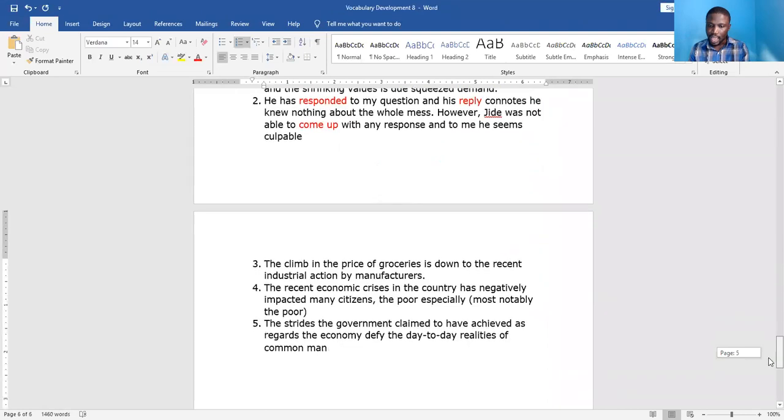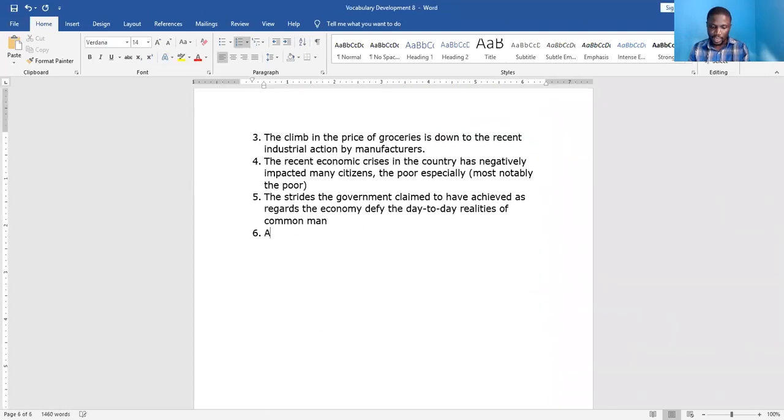As laid out by Professor Yinka in his award-winning book, All Men Are Born Equal Until Life and Circumstance Sets In.